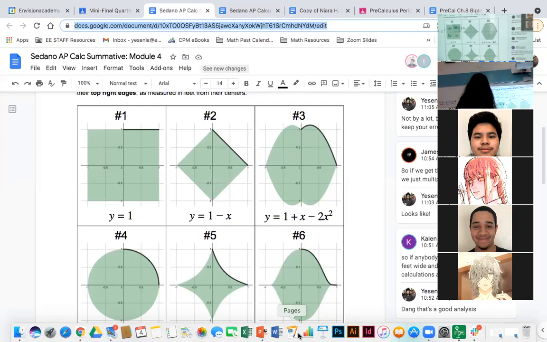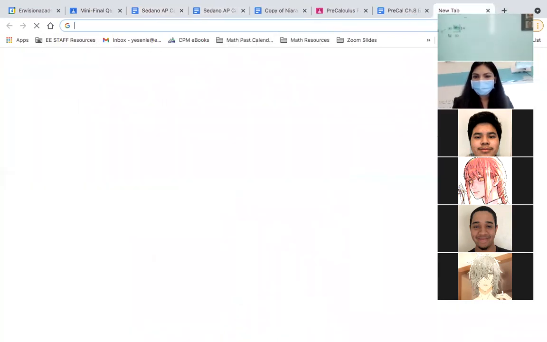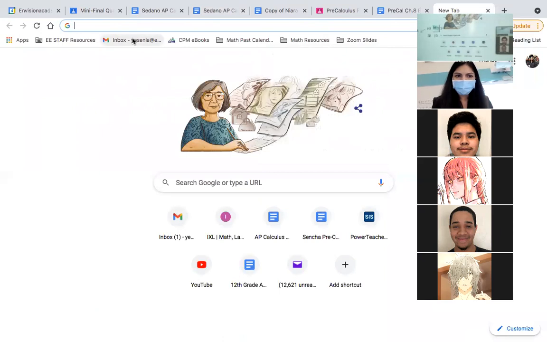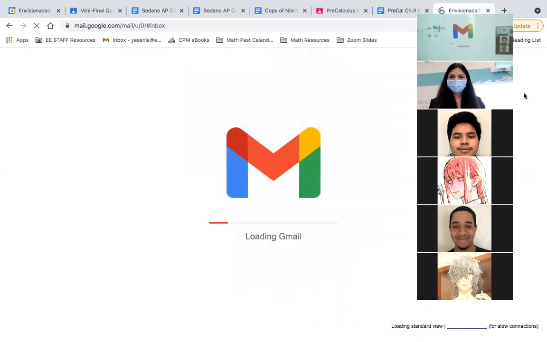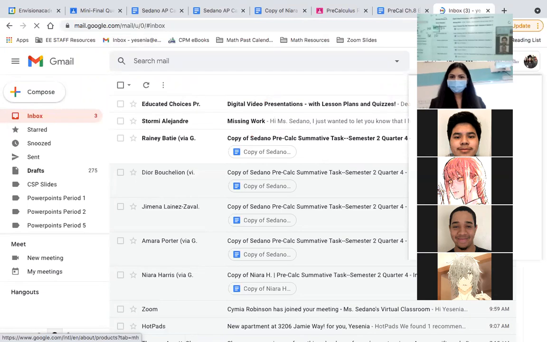How I shall do this is I need to turn off the projector, I believe. Or you know what? Instead of turning it off, I'm going to open a blank paper. I'll just go to Drive and open up something blank. That way I don't have to turn this off. Sorry, y'all, my stuff is loading.